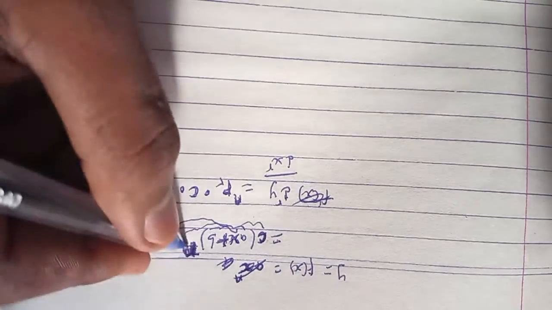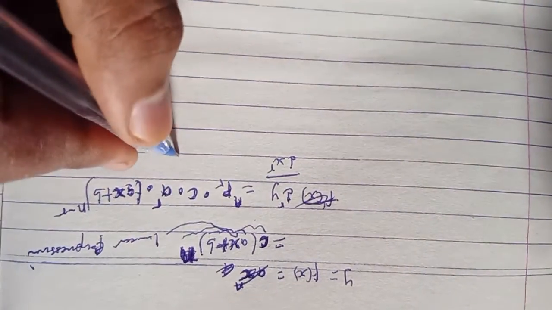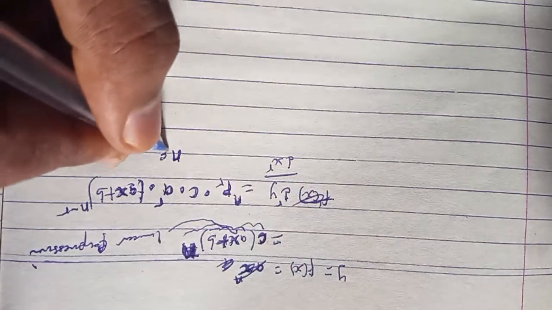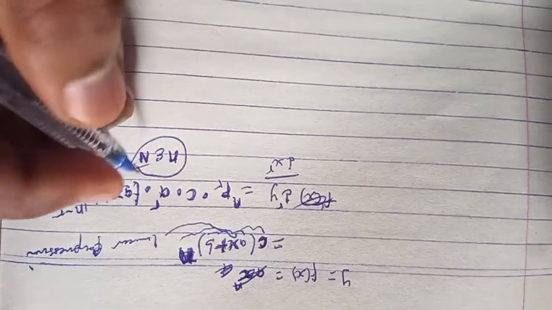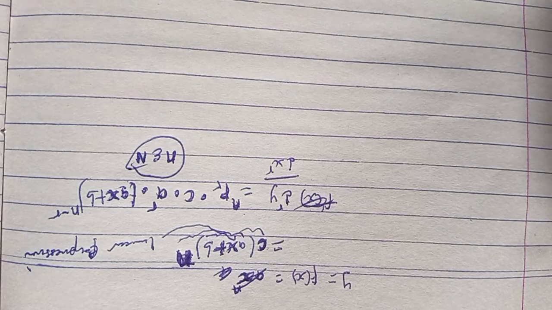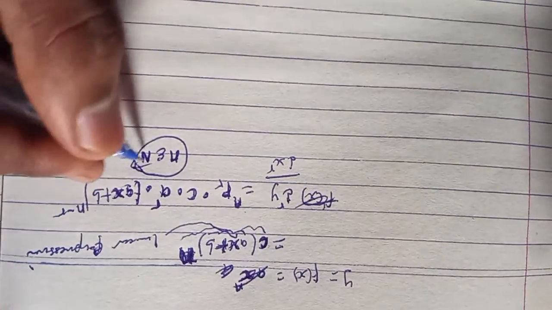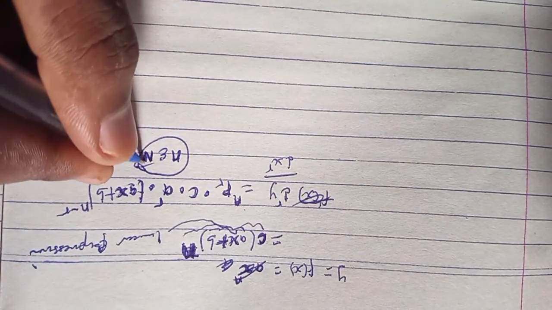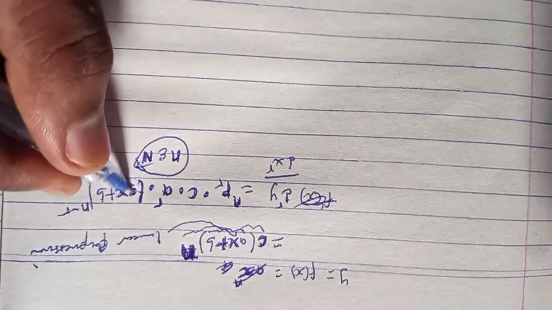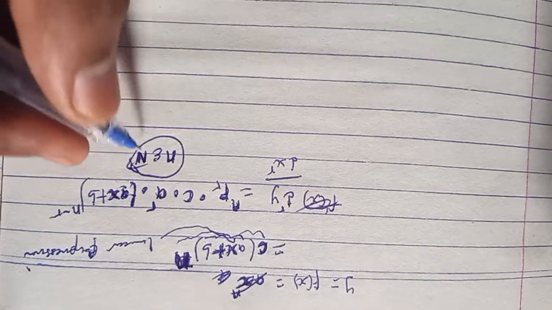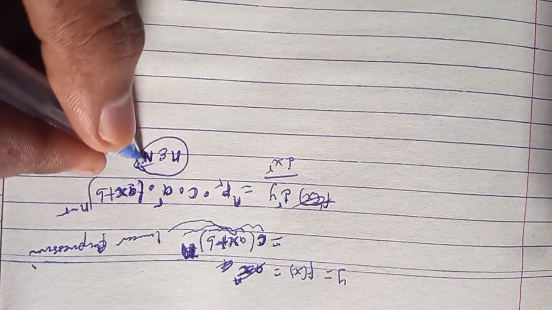And then n, as said in the first one, should be a member of natural numbers. If n is not a member of natural numbers, then this formula cannot be used.